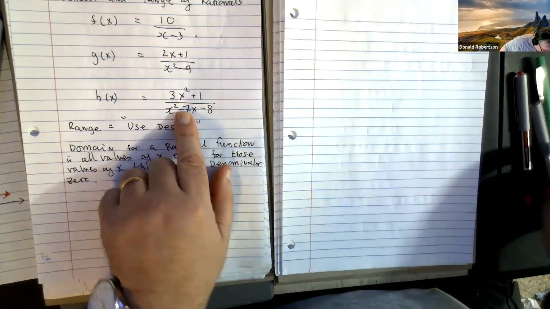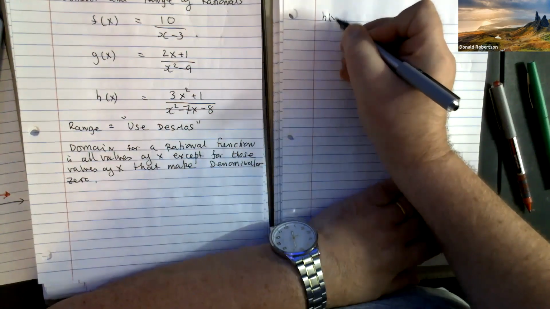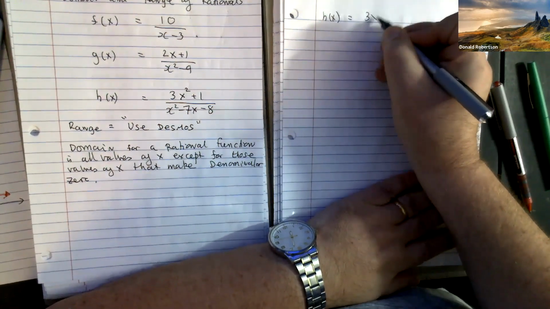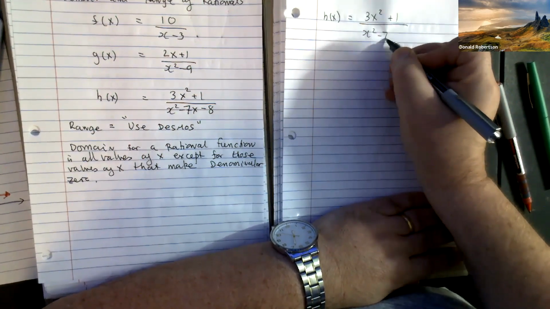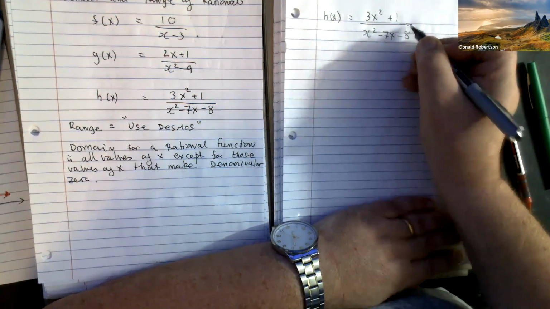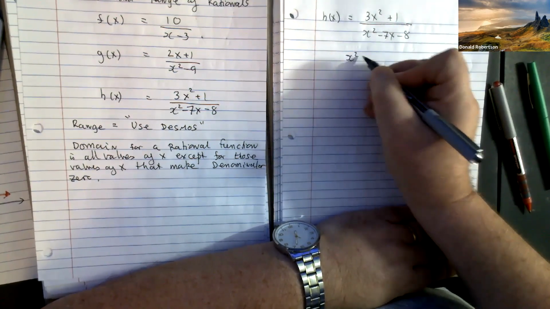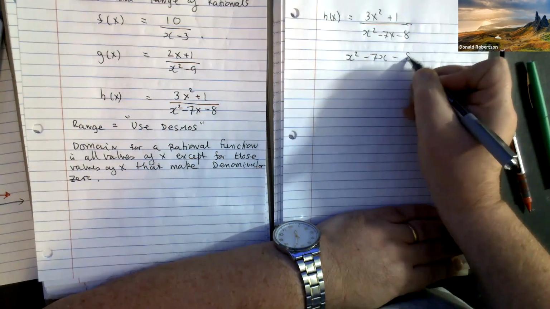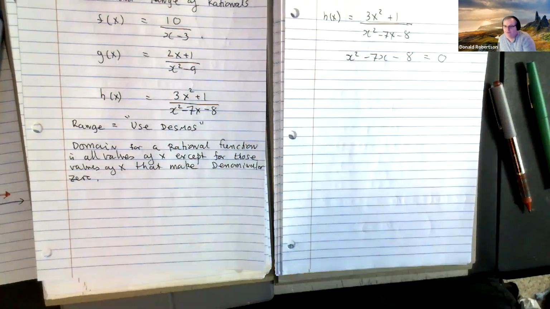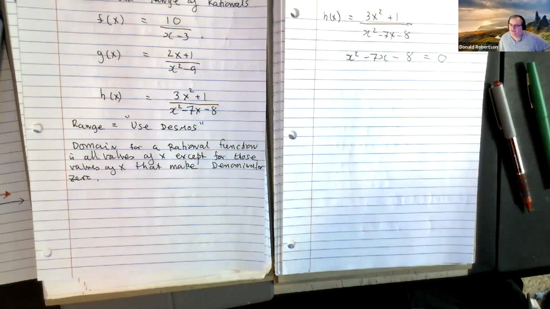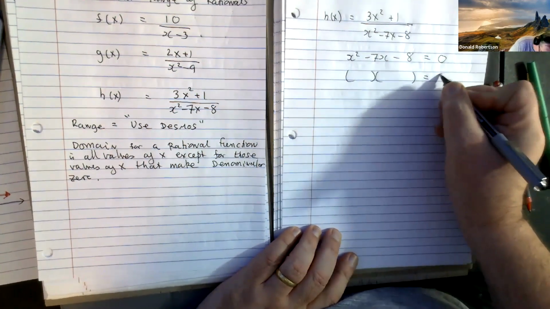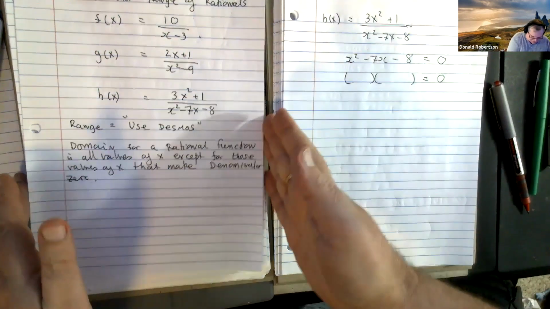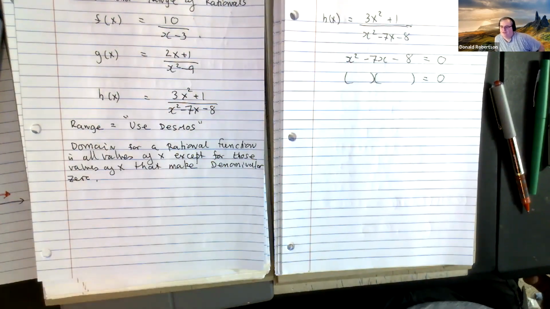Next one. Now, based on what we did every other question, don't we just look at when is the bottom 0? And that's going to tell us the bad guys. So one of the skills that you need is factoring, which is why there's some factoring in your project 1.